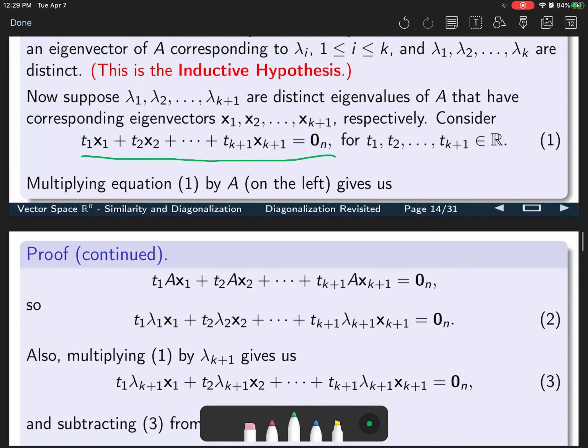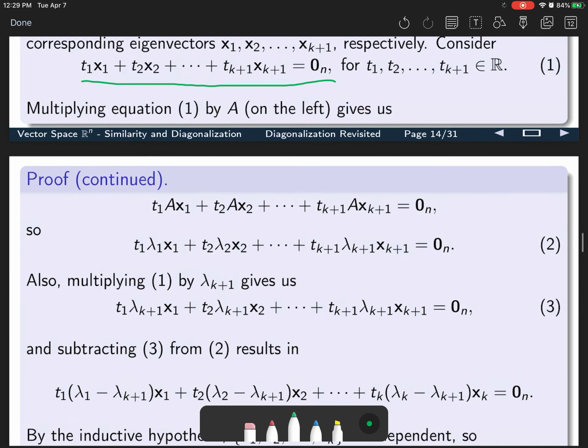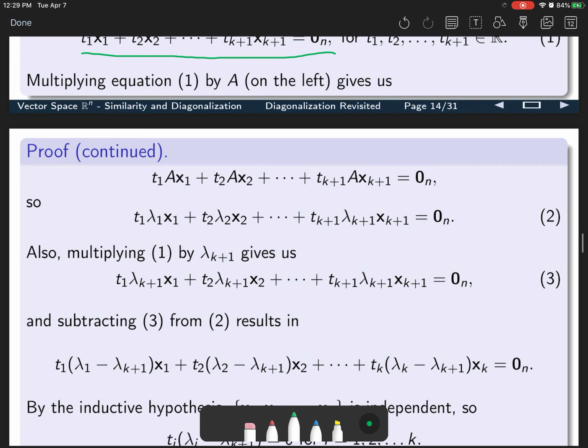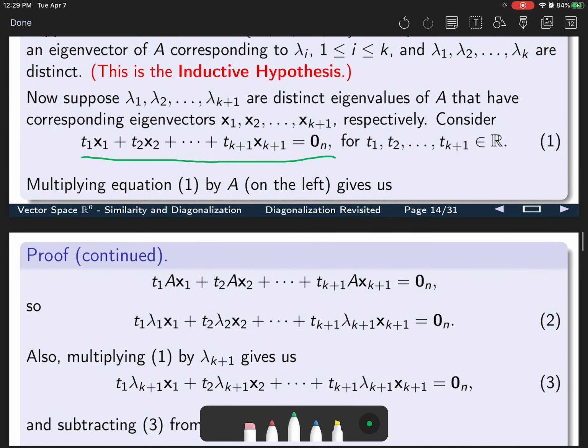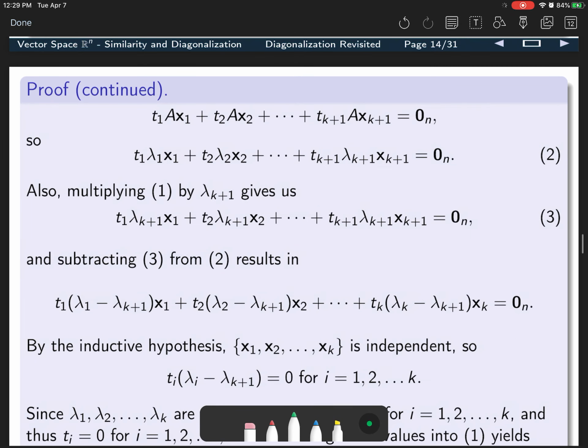And here we do some fancy multiplication. We're multiplying by A on the left, and that gives us a bunch of different lambdas, but also going back to this first equation and multiplying by lambda k+1 gives us this other equation.